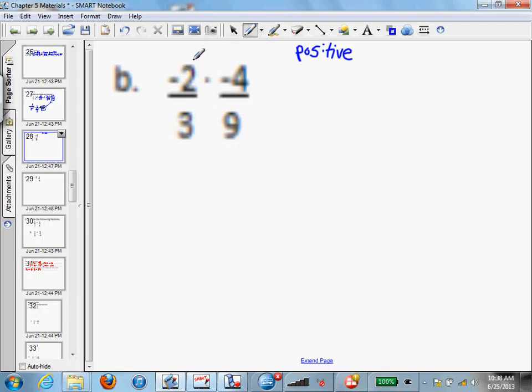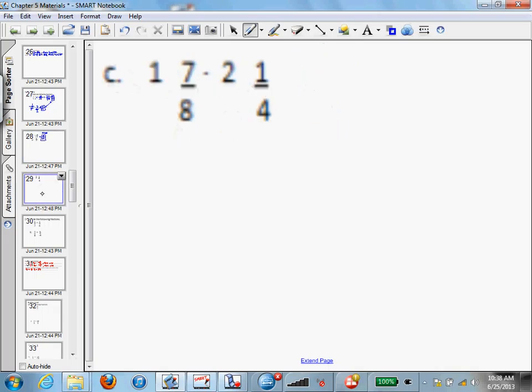For this you will not be able to, because 2 will not go into 9 and 4 will not go into 3. You cannot do the 3 and 9 going into each other because they're across from each other. They have to be at opposite ends. So we multiply across: negative 2 times negative 4 gives you a positive 8, over 3 times 9, which is 27. And that is the product of those fractions.